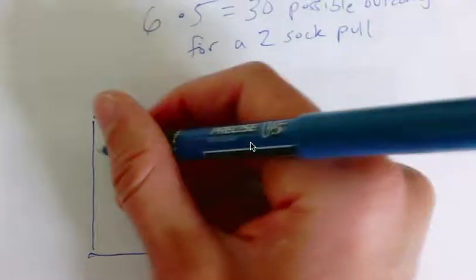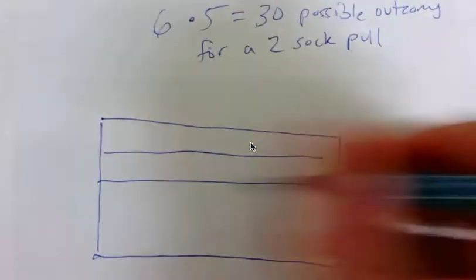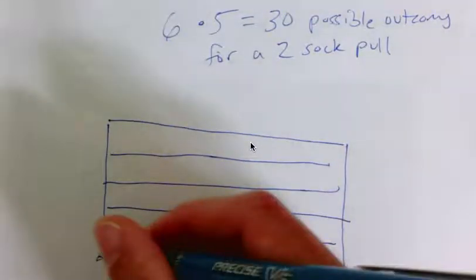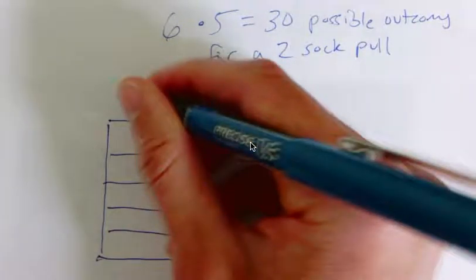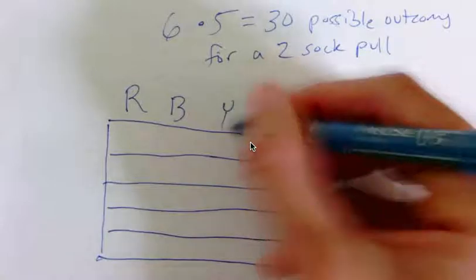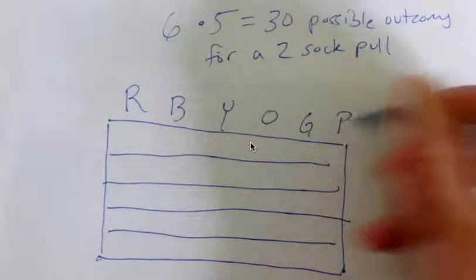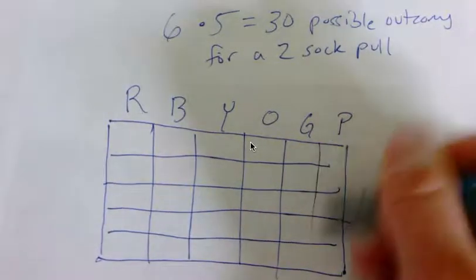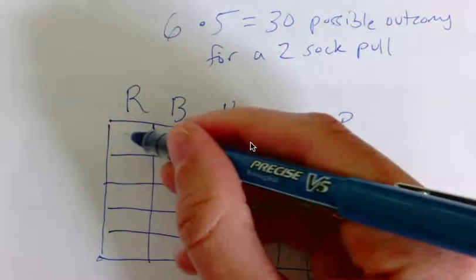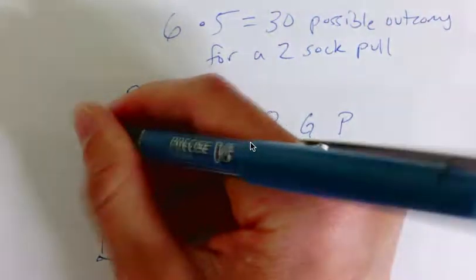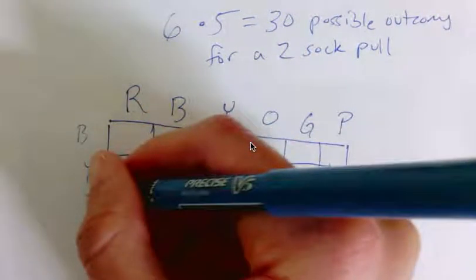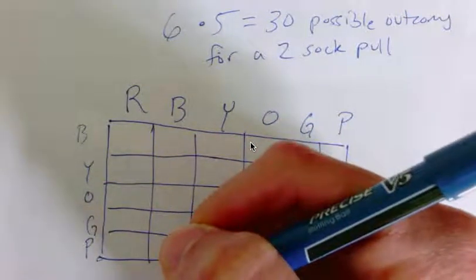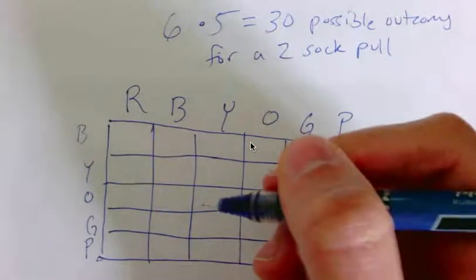I think the reason that I was thinking you can't use the table for dependent events is because for red there's only 5 possible outcomes: blue, yellow, orange, green, purple. Maybe the way we need to use this is different.